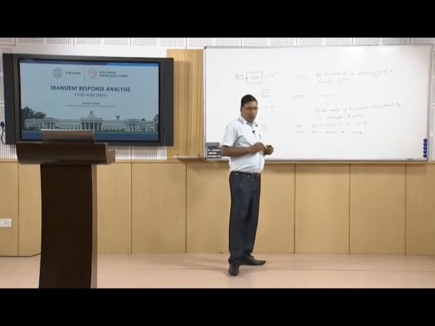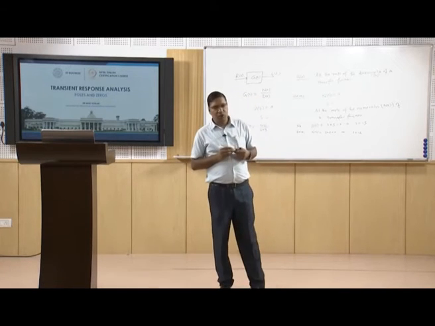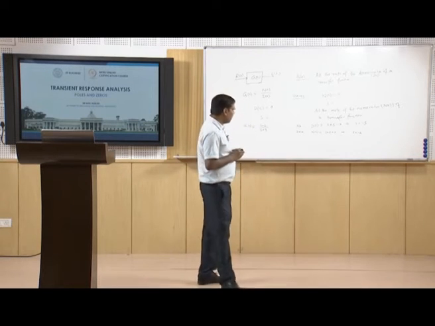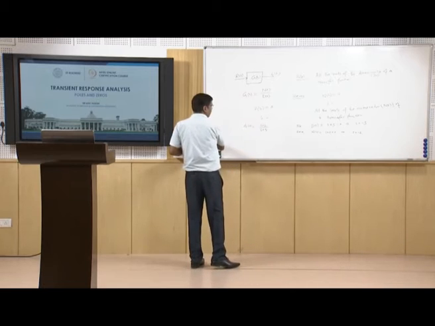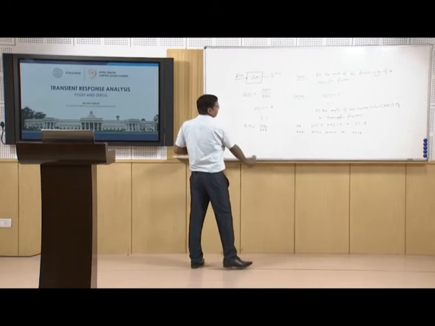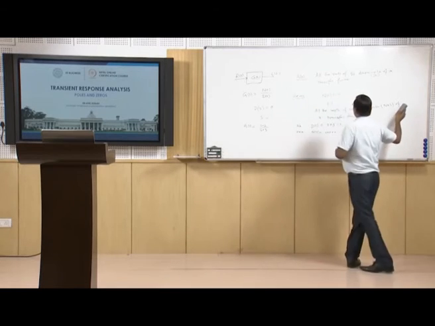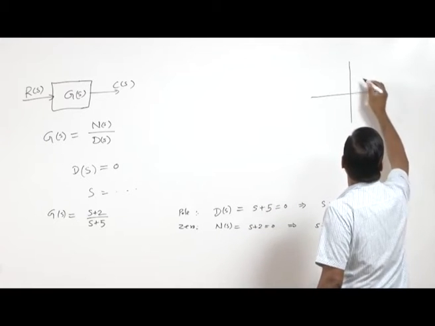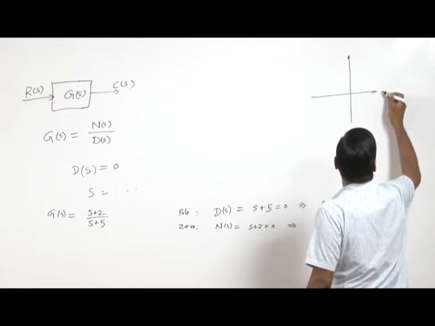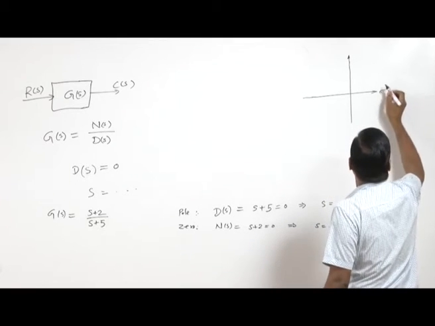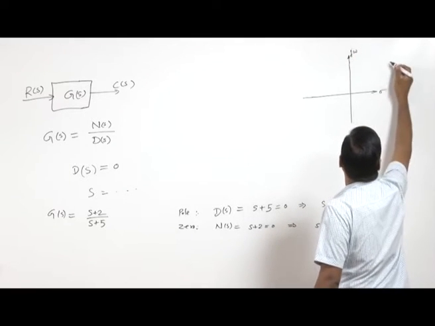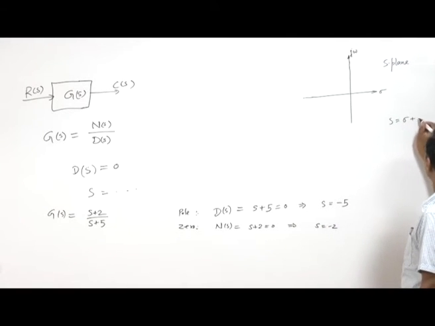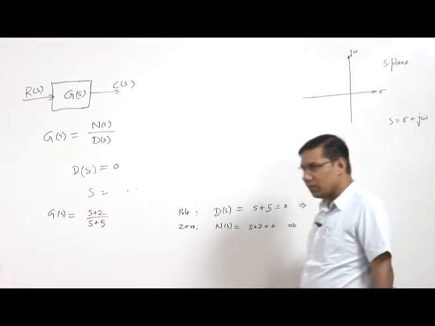Now let's show these poles and zeros on the s plane, that is the complex frequency plane, or complex Laplace transform variable plane. This is the s plane, and here s equal to sigma plus j omega, because s is a complex variable.